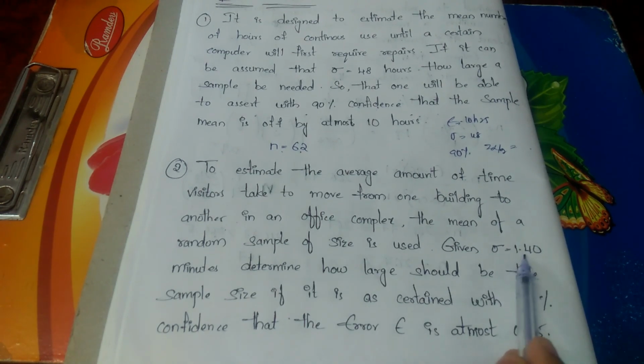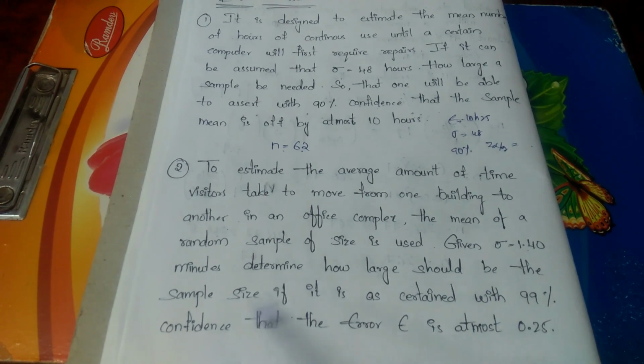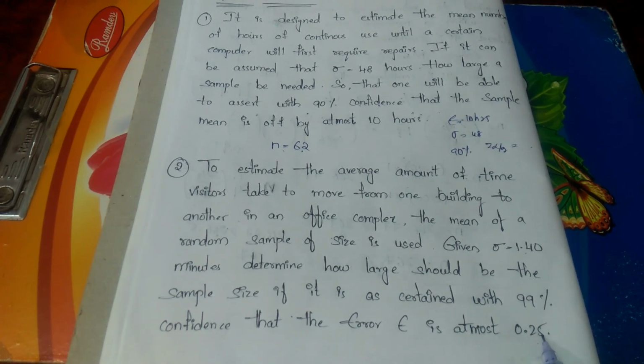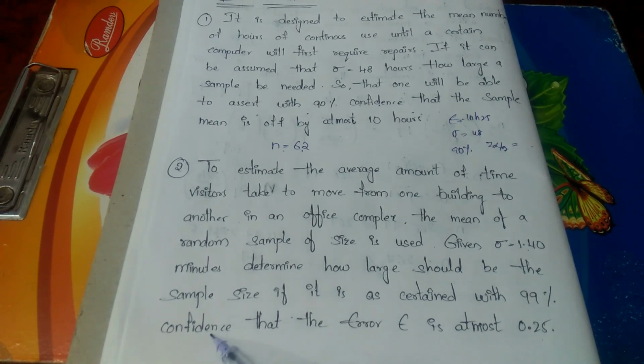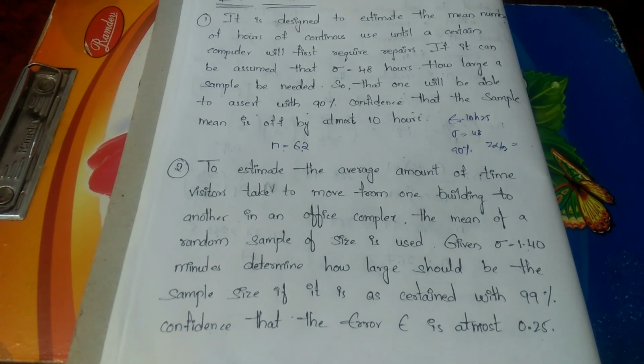Given sigma is equal to 1.40 minutes, determine how large the sample size should be if it is to be certain with 99% confidence that the error E is at most 0.25. So E is 0.25, 99% confidence, then you have to get the z alpha by 2 value, and sigma is given as 1.40. So you have to calculate the value for n.